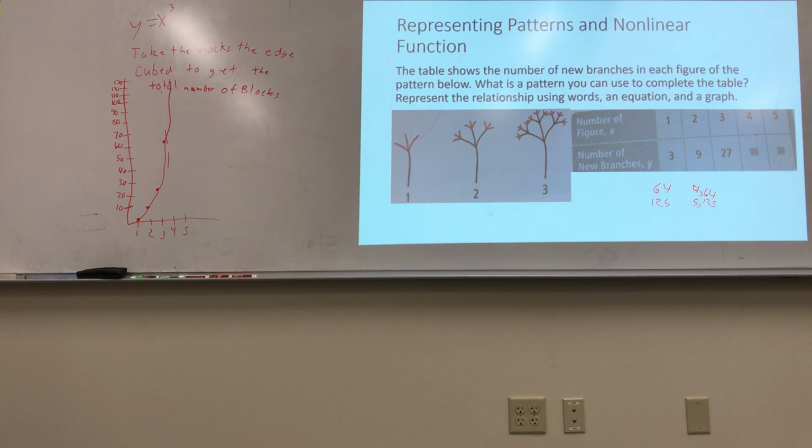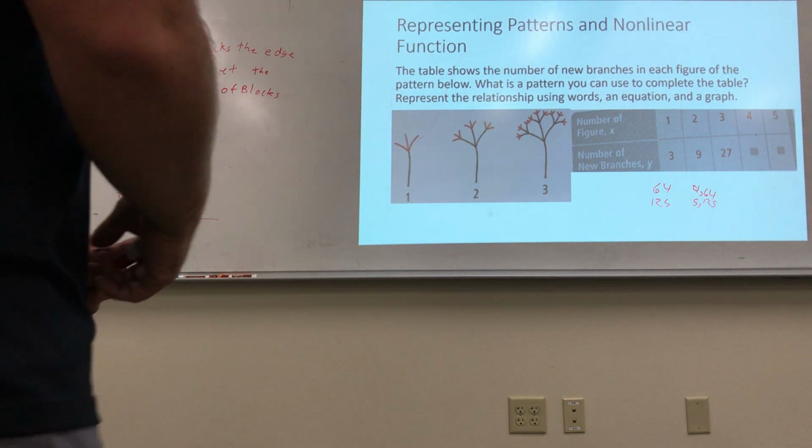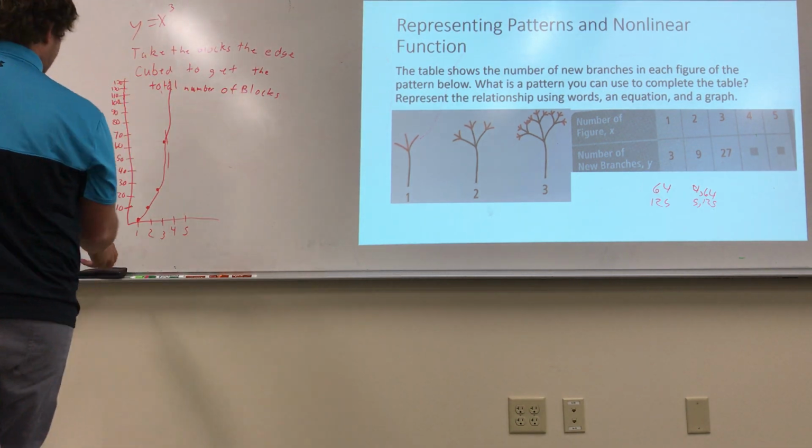I think what's taking place here, maybe I'm wrong, but I think that's your exponent. It's going to be 3 to the x. And that is my assumption. That is kind of what I'm getting out of it anyway.